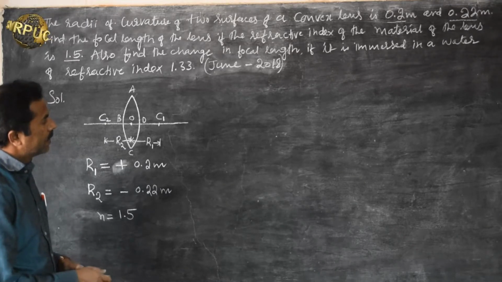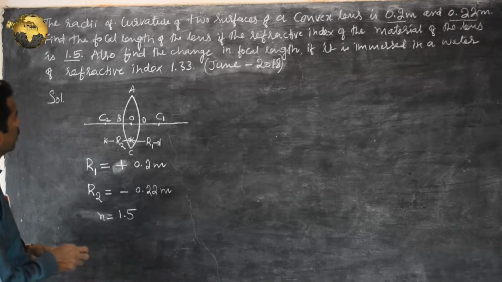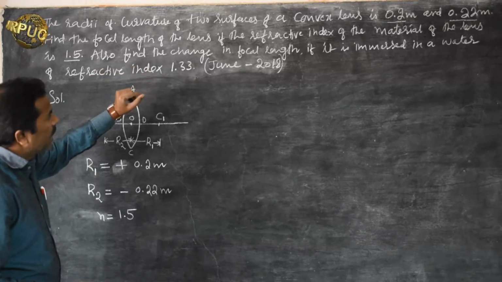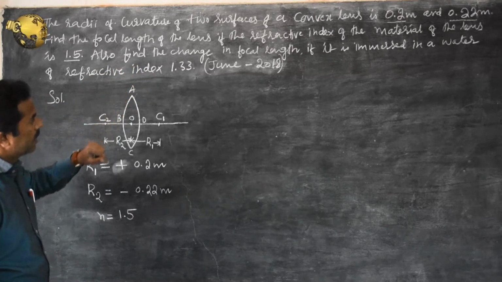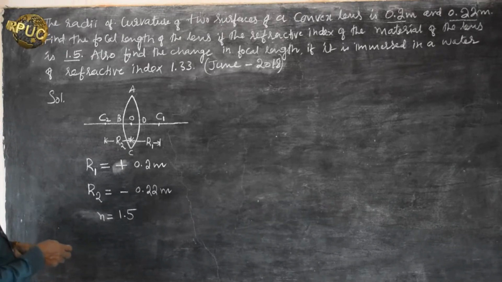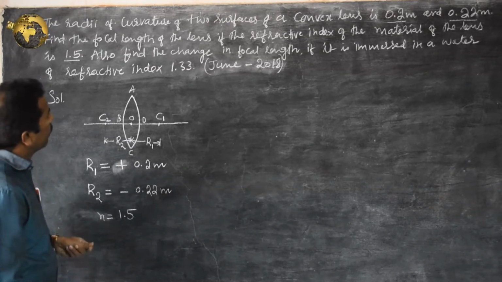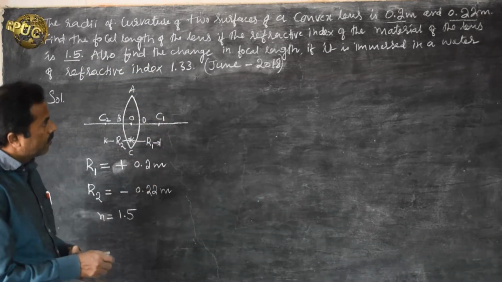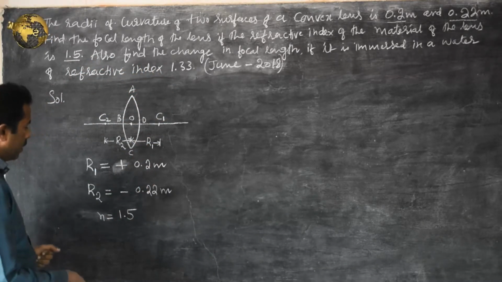So now let us find the change in focal length if it is immersed in water. Also find the focal length of the lens, with the refractive index of the medium.